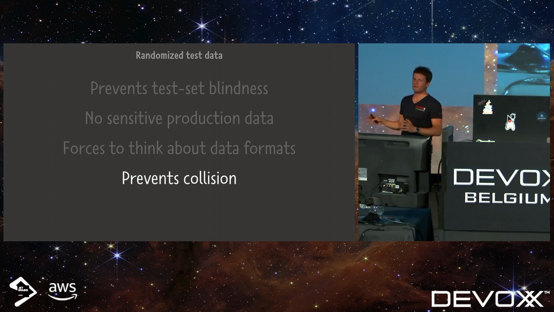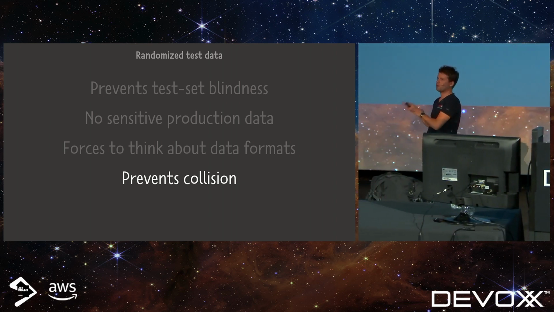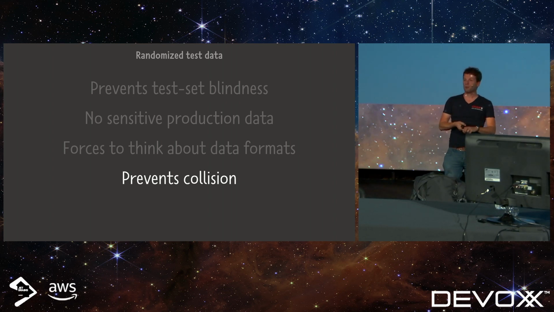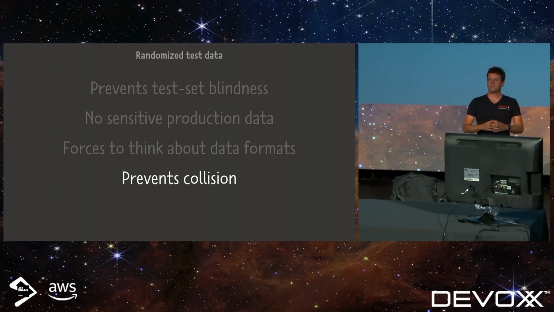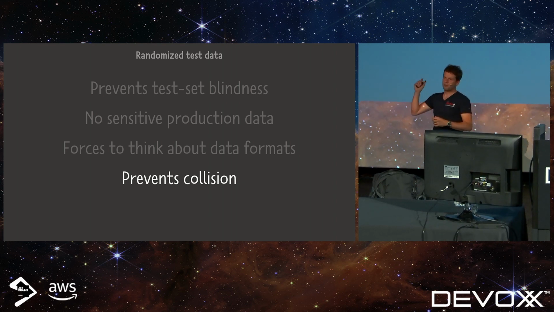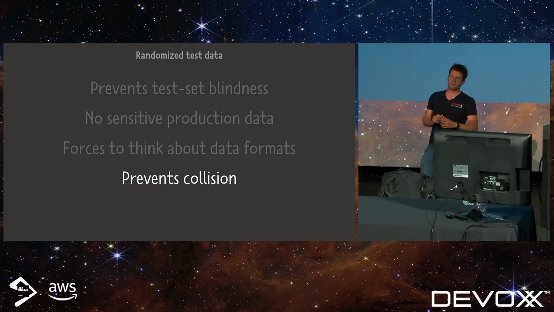There's also a couple of side effects here, and these should not be the drivers for choosing this approach, but they're pretty fun. First of all, it prevents collision. If you're having tests that are bigger than just a unit test, integration tests, component tests, mostly you have a little bit of state in your tests.